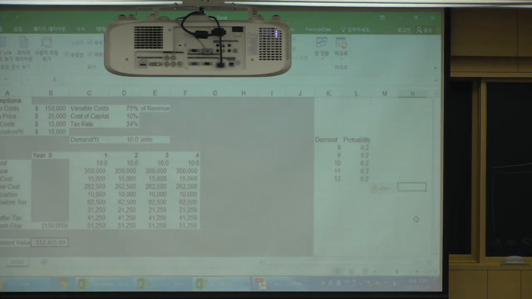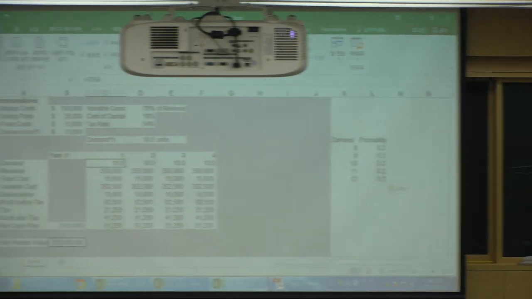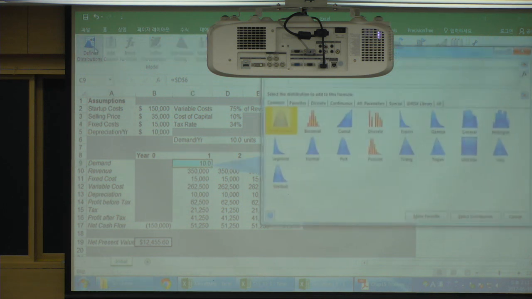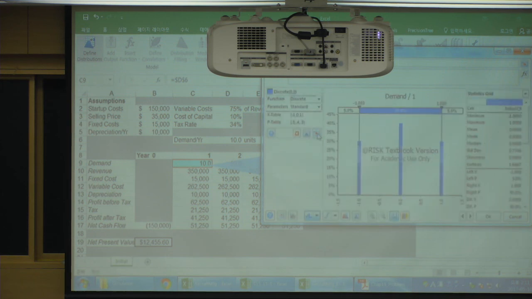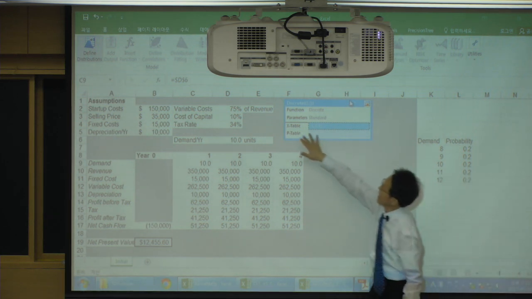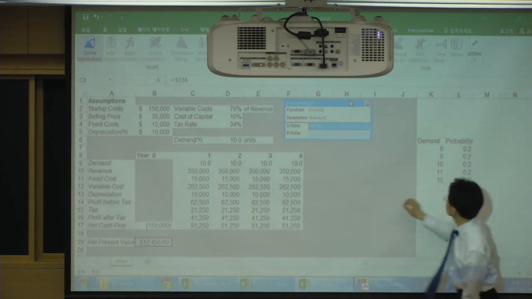Okay, so now we want to change the demand, and how can we do it? We go to add list, and you select this one, and then you define distribution, and that's a discrete distribution. Then you select this part, and it gives you the table. So that's the x value, that's p, probability.